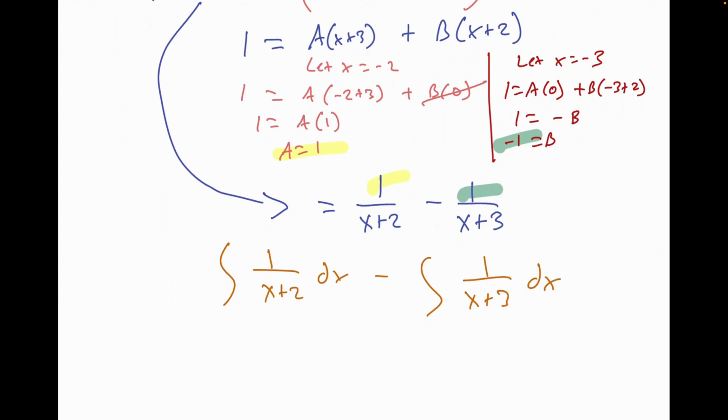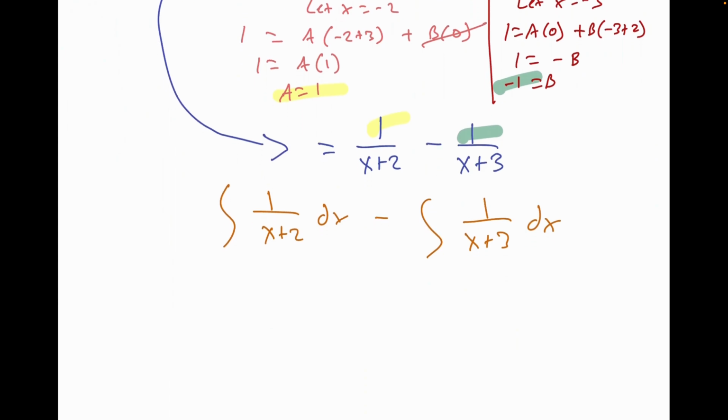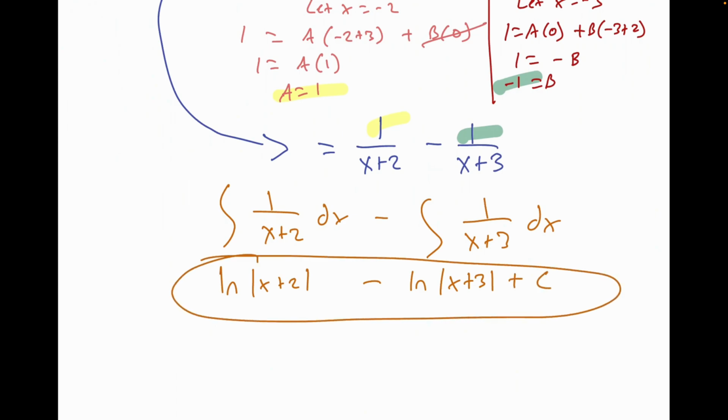And these are integrals that we can work with. A lot of times these integrals end up having ln as part of the answer, and in this case both of these terms do. So the integral of 1 over x plus 2 is the natural log of the absolute value of x plus 2, minus the natural log of the absolute value of x plus 3, and then we have plus c, and that is the answer.